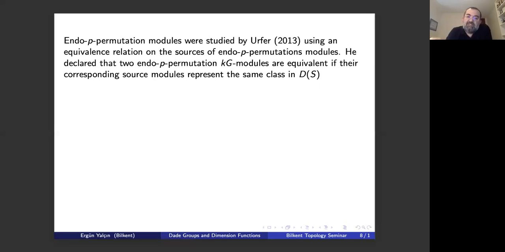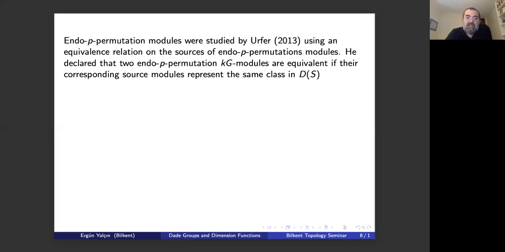So these sources have to be endo-permutation modules, and they have to be capped if the original module is capped and so on. So you can define an equivalence relation on endo-p-permutation modules by looking at the equivalence relation on source modules as in the Dade group, because sources live as kP-modules where P is a p-group.